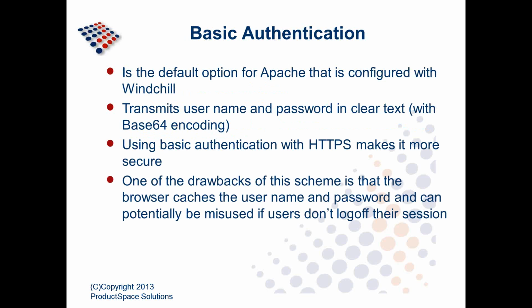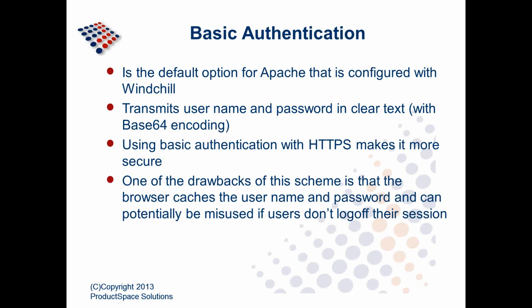So we'll talk about some of the schemes. Basic authentication is basically the standard HTTP basic authentication scheme. This is the out-of-the-box mechanism. This is what Apache is mapped to out of the box. Essentially, this transmits username and password in clear text, and so this is a big security issue.